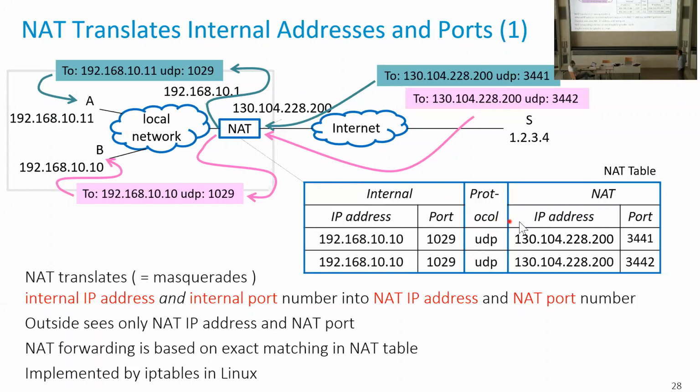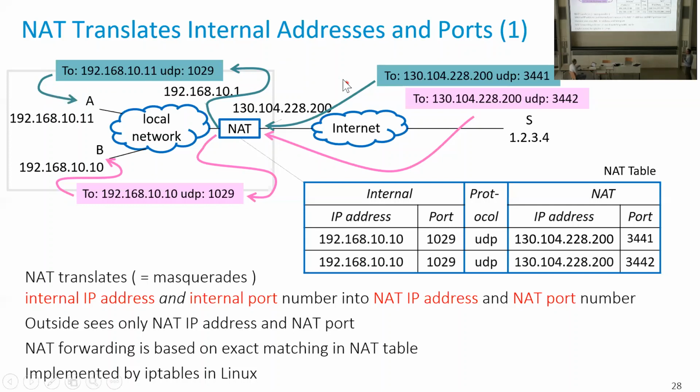But here it does. So when this packet has destination address 130, etc., UDP port, that number, the NAT will go into the table and say, oh, that's an external address. When I say external, be careful, that's the external address of a local machine. That's the external address of A, but A doesn't know it has this address.